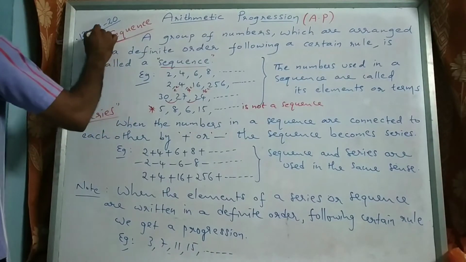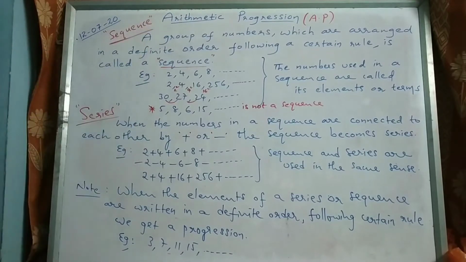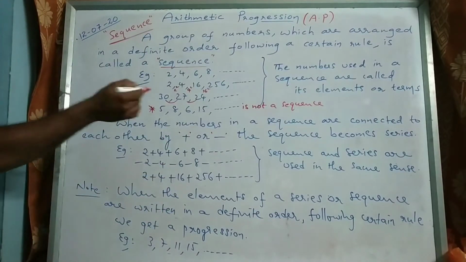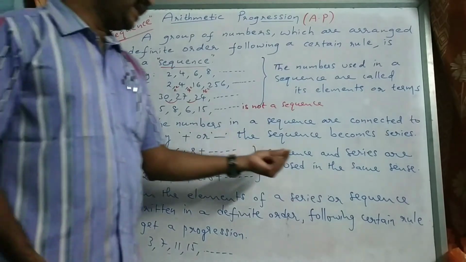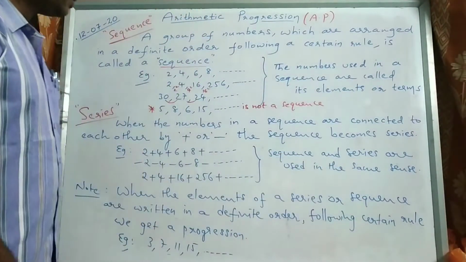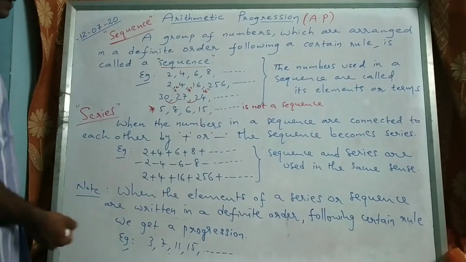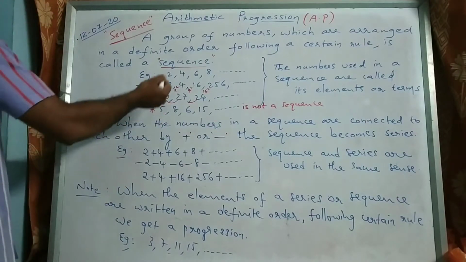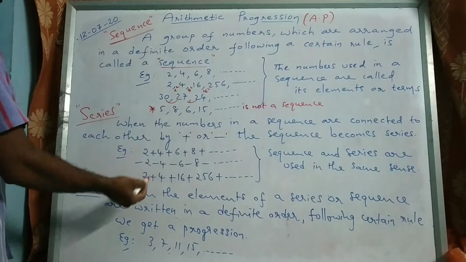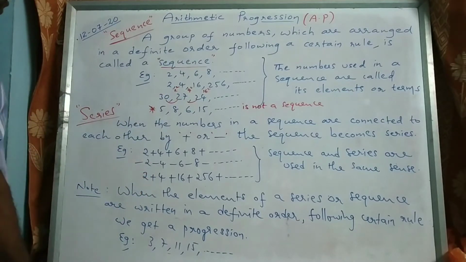When a sequence is connected with plus or minus, that sequence becomes a series. I gave some examples here. Sequence and series we usually use in the same sense. Almost they are same, but in a sequence we don't use plus or minus, and in a series we use plus or minus.